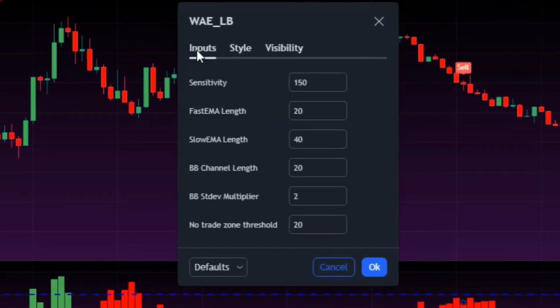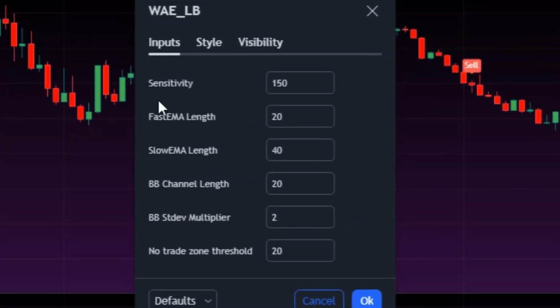Then in the inputs tab, set these values. Sensitivity to 200. Fast EMA length to 27. Slow EMA length to 45. BB channel length to 21. BB standard deviation multiplier to 3. And no trade zone to 21.